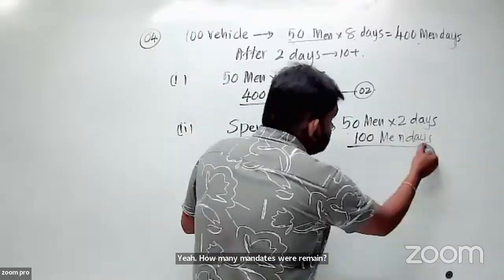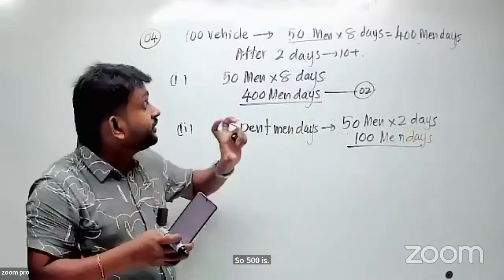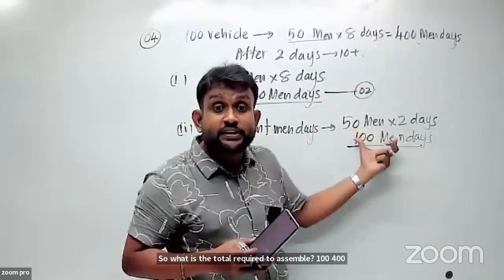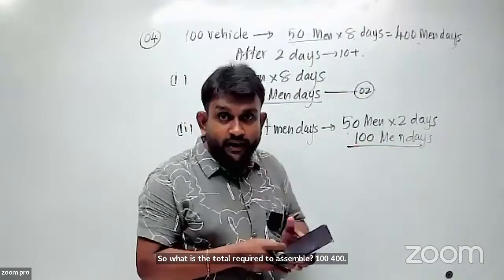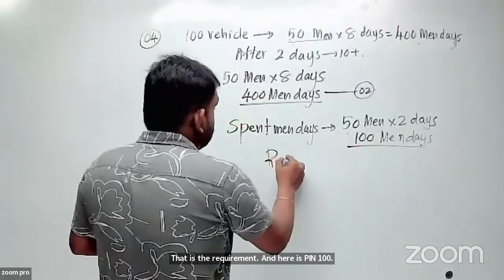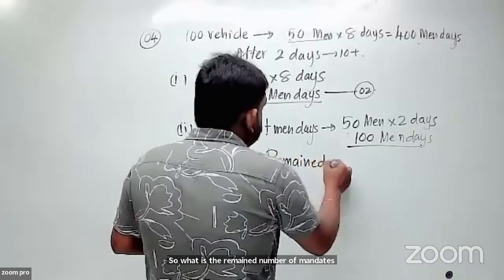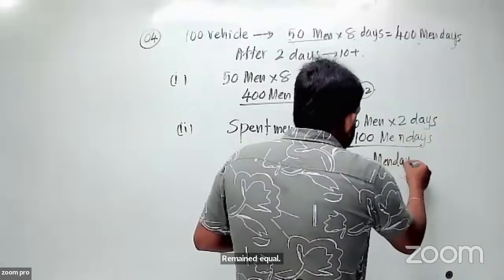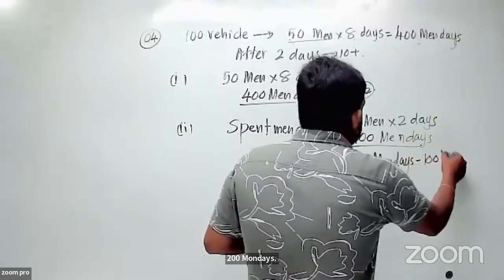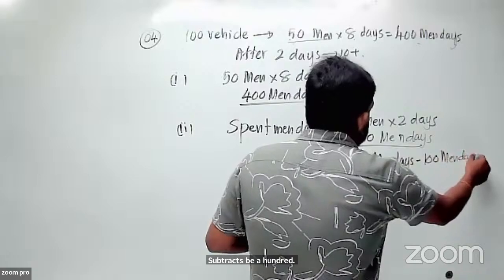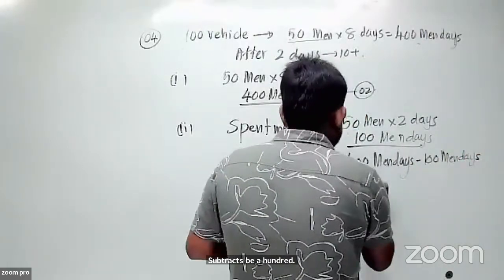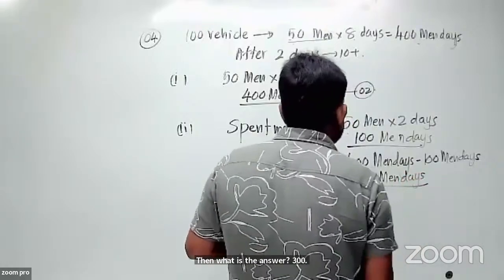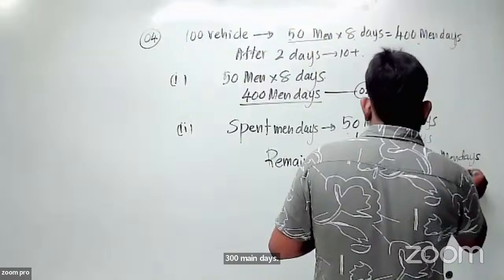So 100 is spent. What is the total required to assemble 100 vehicles? 400. That is the requirement, and here 100 is spent. So what is the remaining number of man days? Remaining equals 400 man days, subtract 100 man days. Then what is the answer? 300 man days. That is the remaining man days. You have 3 marks.